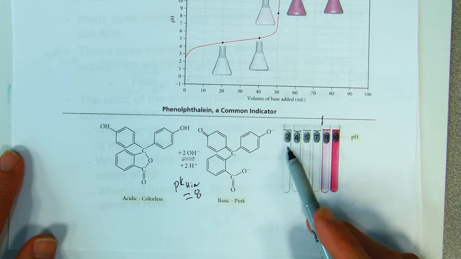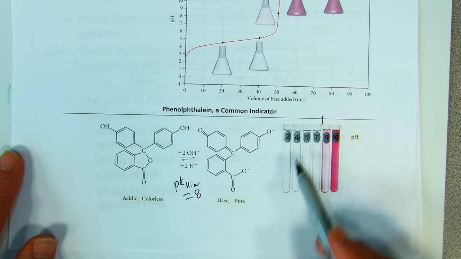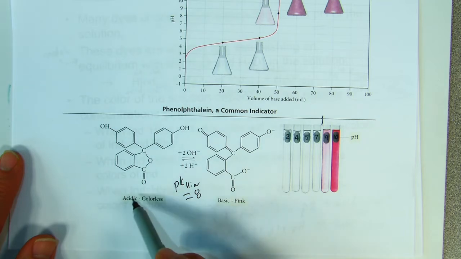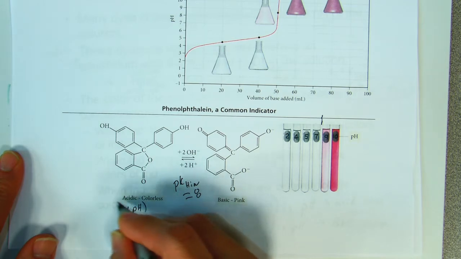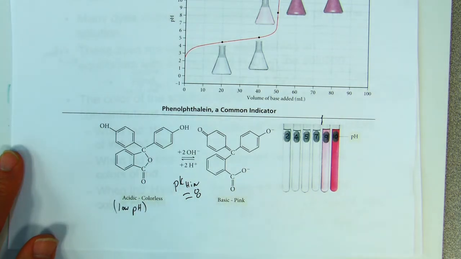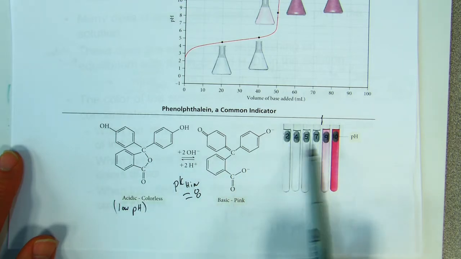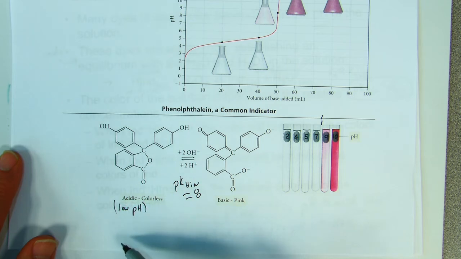That's because at pH 2 or pH 4, 5, and 7, we're way below the pKHIn. So almost all of our dye molecules exist in this form at the low pH. This is what we see when our dye molecules are exposed to lower pH, below the pKHIn. We force the equilibrium this way. Because the pH is low, we've got plenty of H+, it forces the equilibrium back to the left.